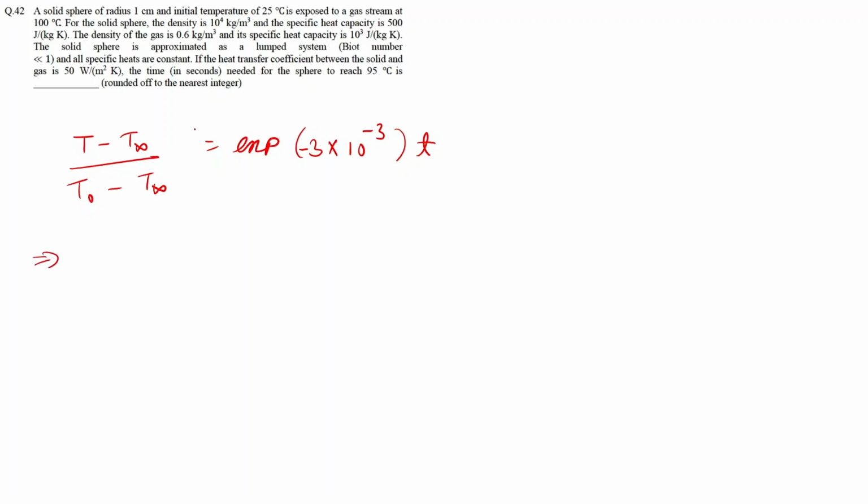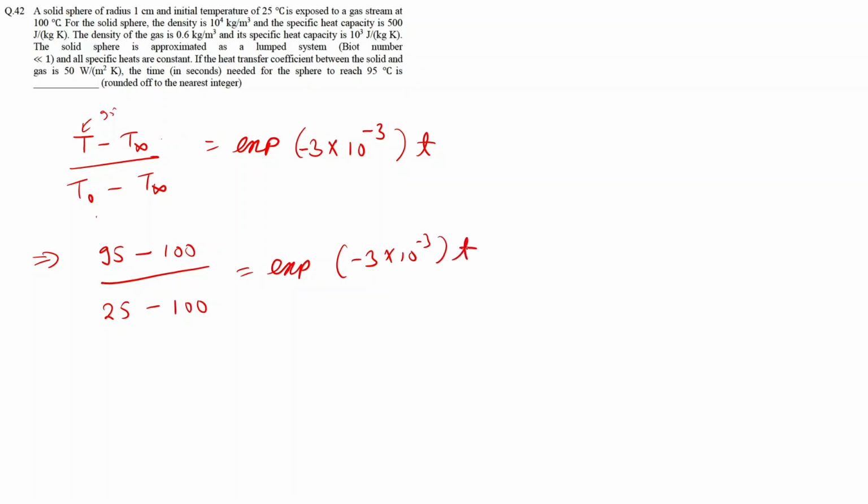So now let's just replace the value of T naught and T infinity. We have to find the time taken by the sphere to reach the temperature of 95 degrees Celsius. So this will be 95. So let's just replace it. 95 minus T infinity was 100. T naught is the initial temperature, that is 25 minus 100. So this will be equal to exponential of minus 3 into 10 raised to minus 3 into t.